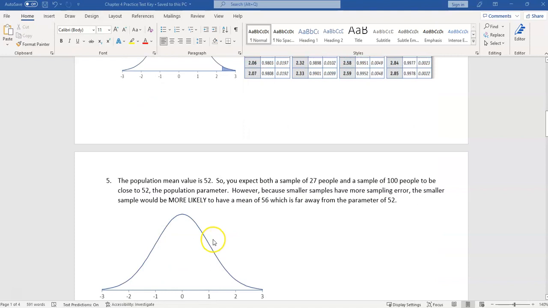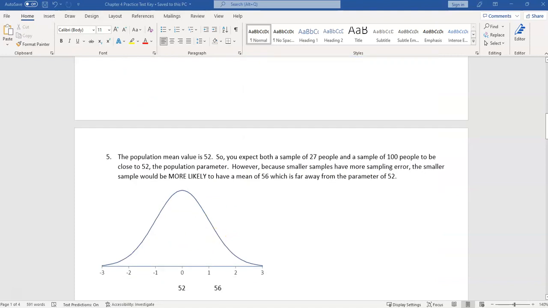Okay. So question 5 is maybe a challenging question. I remember getting some questions on this. It's asking you which of these is more likely to happen: to get a random sample of 27 students that have a mean of 26, or a random sample of 100 students who have a mean of 26. The important thing to remember here is that the population parameter is 52.